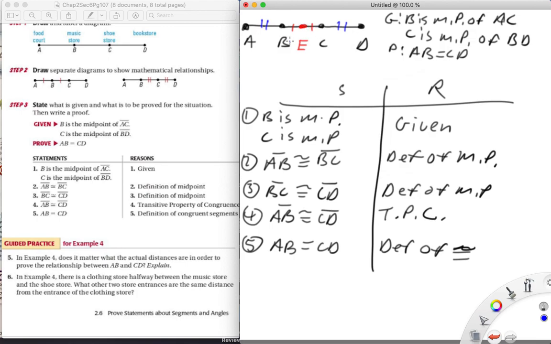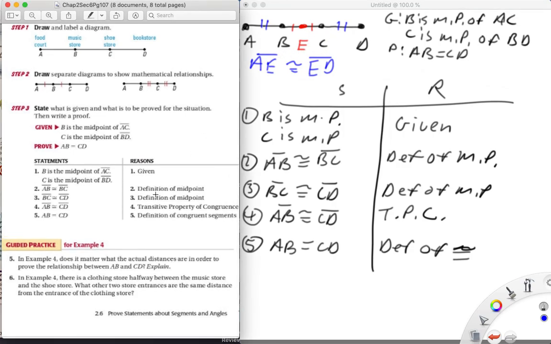So if I was to substitute and add them to both sides, I can say that this distance from A to E is congruent to E to D, just based off the drawing. So A is the food court and D is the bookstore. So the clothing store is equidistant to the bookstore, and it's equidistant to the food court. So that's all they wanted you to know from that. They didn't want you to prove anything.